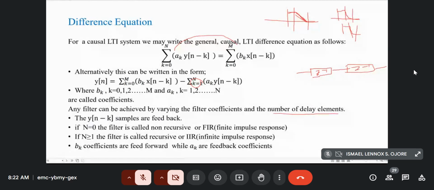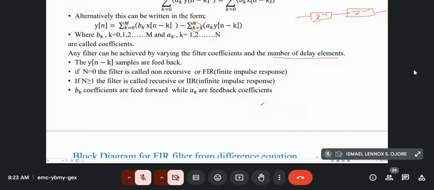These samples, of course, are feedback. I think we talked about that yesterday. If n is 0, the filter is not recursive, it is FIR, and if n is equal to or greater than 1, the filter is IIR. The coefficients are feed forward, or feedback. I think we talked about this yesterday, unless somebody would like me to talk about them again.